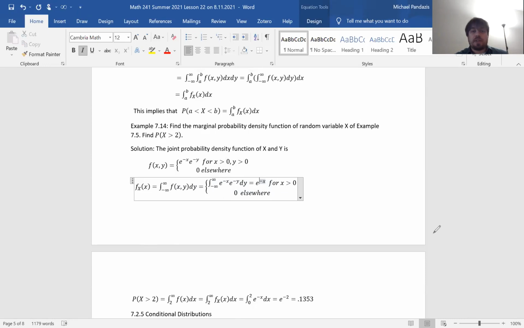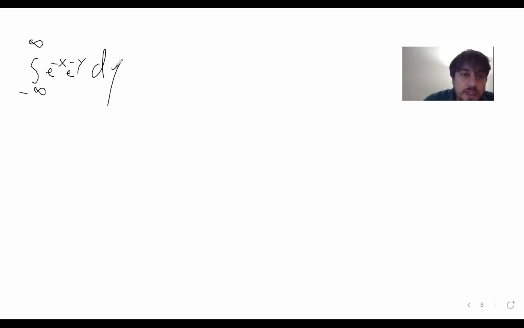Okay, so when you integrate from negative infinity to infinity of e to the negative x, e to negative y, dy. Okay, let's calculate it. So it's with respect to y. So the e to the negative x moves outside of the integral, and now you have the integral of e to the negative y dy.